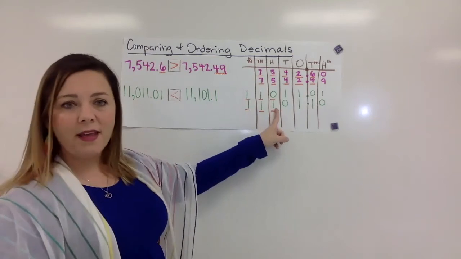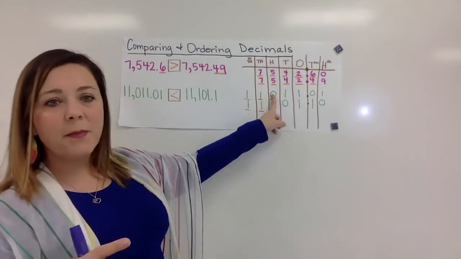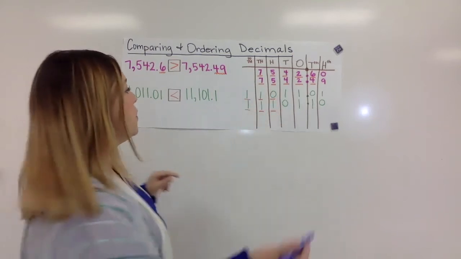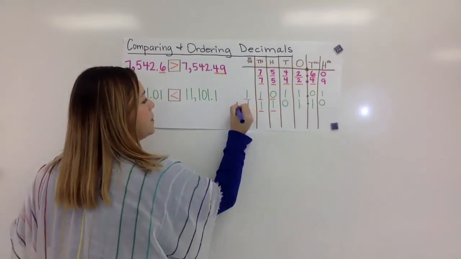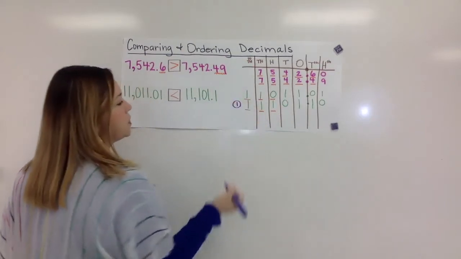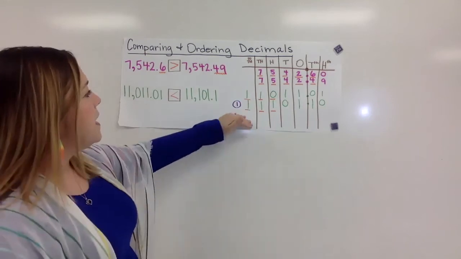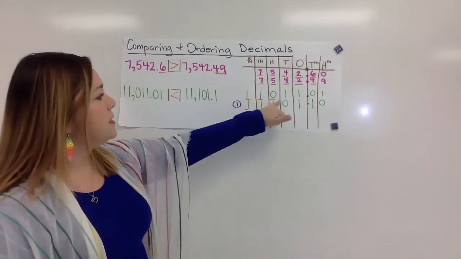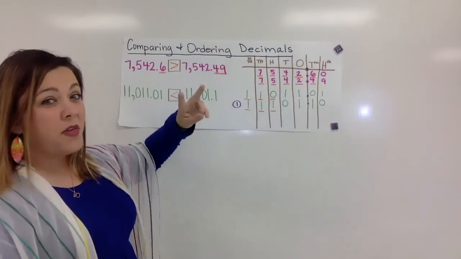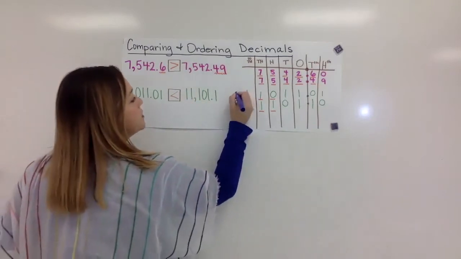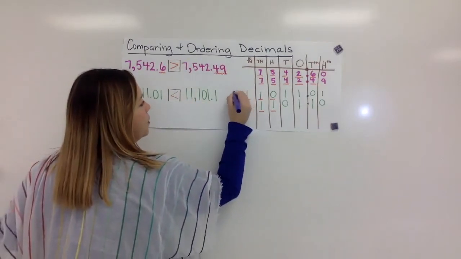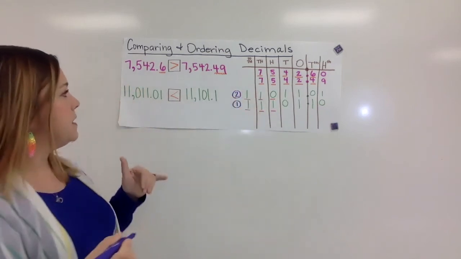Since there's a 1 in this number and a 0 in this number, it means that this number is greater. So I'm going to put a number 1 because it's the greatest number. Now I'm going to put a 2 next to this one because we already said we know that these two are the bigger numbers. So this one comes second in my order.